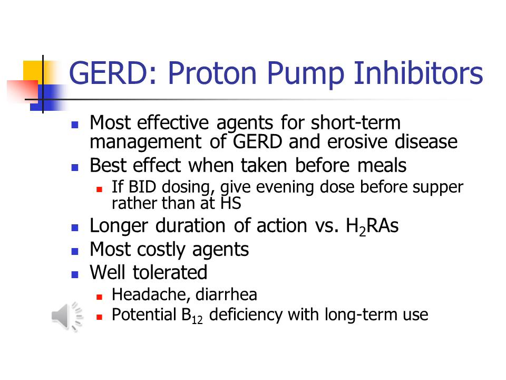And also, due to some malabsorption issues, there's a potential for vitamin B12 deficiency with long-term use of these agents. So it's advisable, if you are going to have a patient, especially an elderly patient at risk for B12 deficiency, who's going to be on a PPI for a prolonged period of time, it's probably worth checking B12 levels.